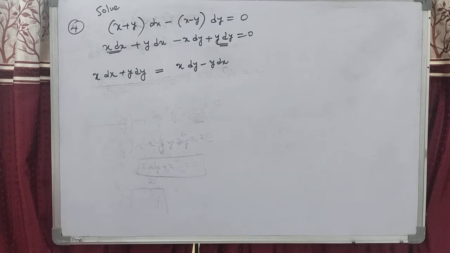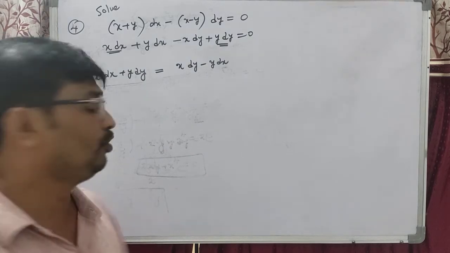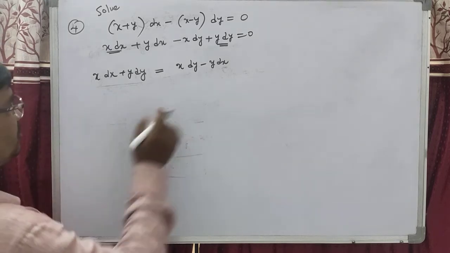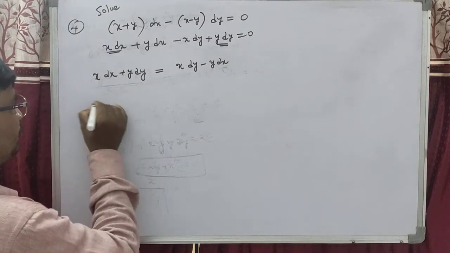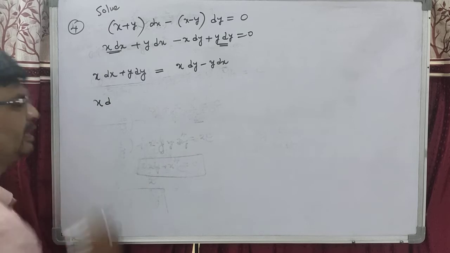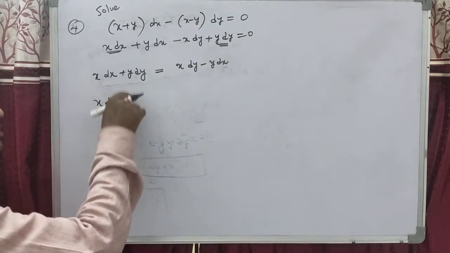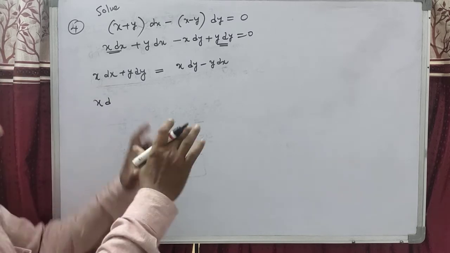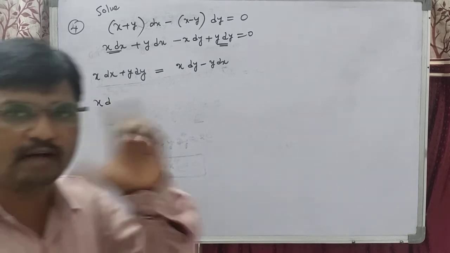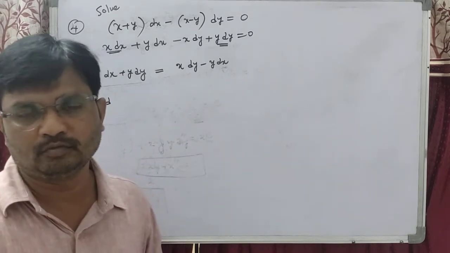So, my dear students, just think for 1 minute. Suppose we divide by x square plus y square on both sides. Don't directly write the integral as x square by 2 and y square by 2. After separating, think for a minute: what is the right technique?